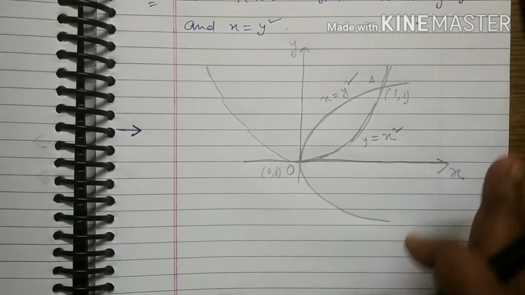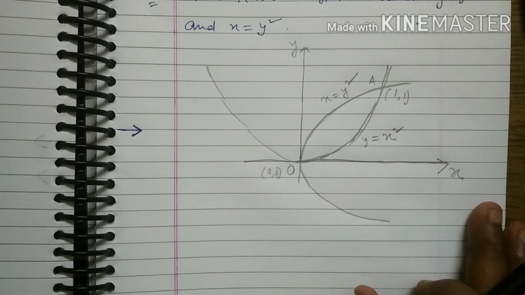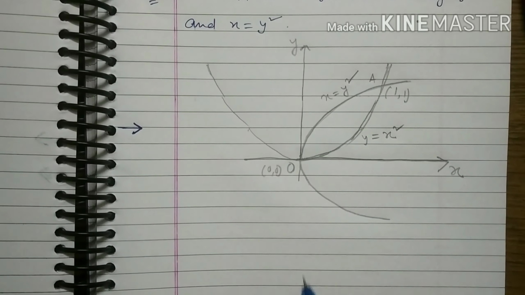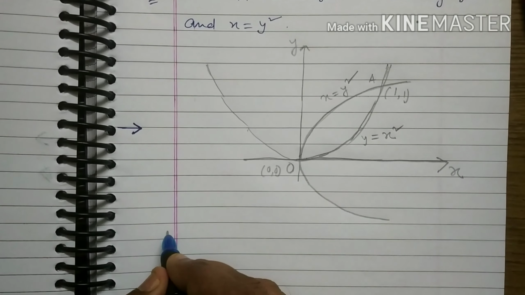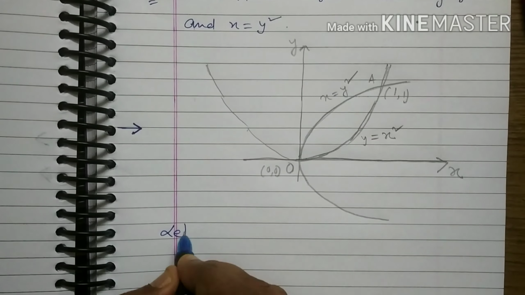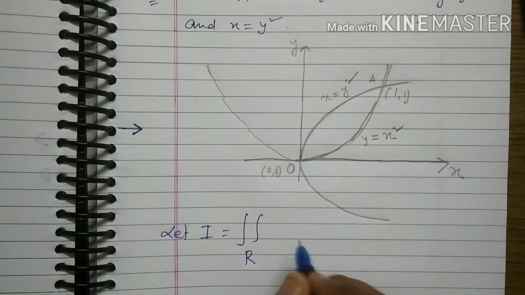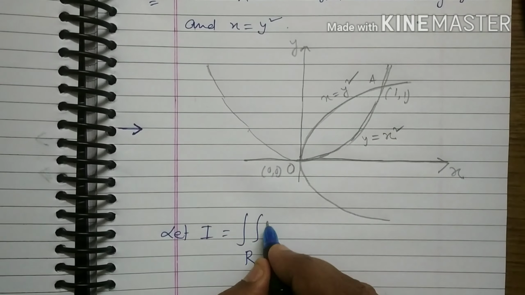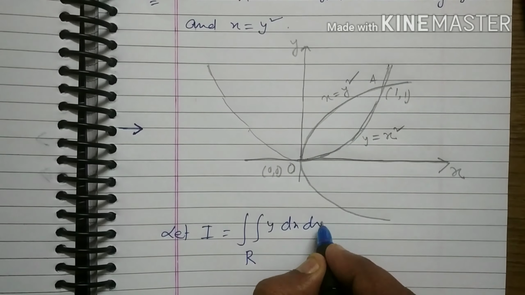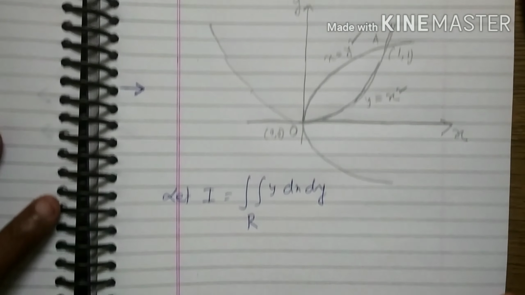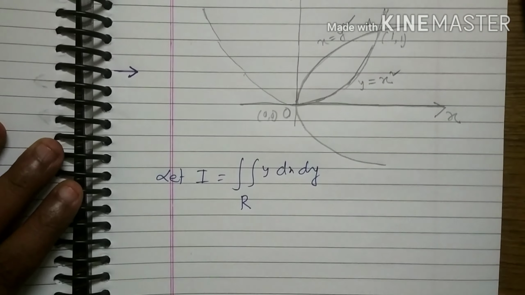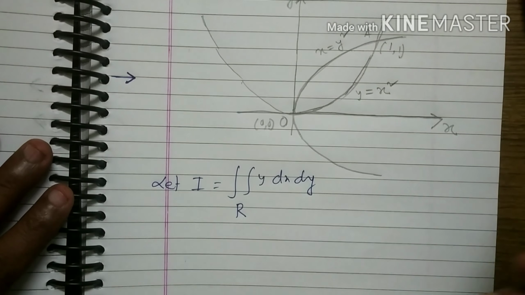Okay, now write down your given information. Let I equals double integral over R of y dx dy. Okay, now you should use your painting concept.